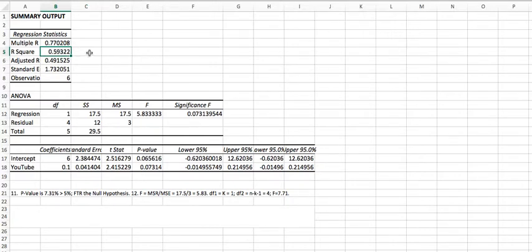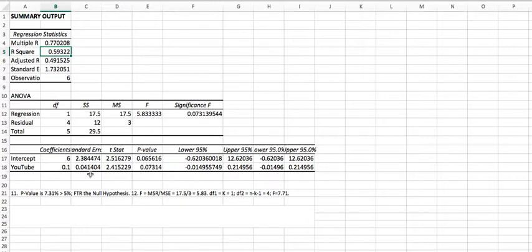That basically states that 59% of the behavior, the reason why sales go from one level to another, is based upon those who have seen the YouTube videos. Then, coming back here, analysis of variance will be the next problem, problem number 12.